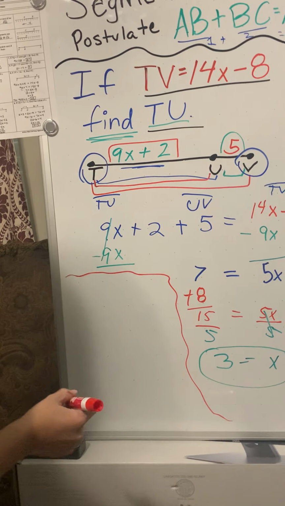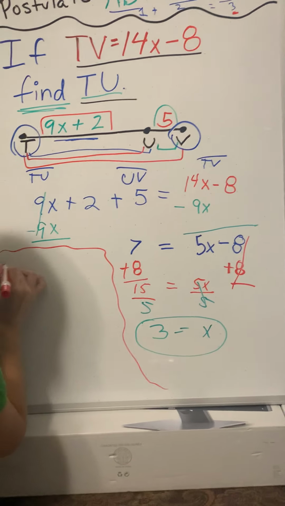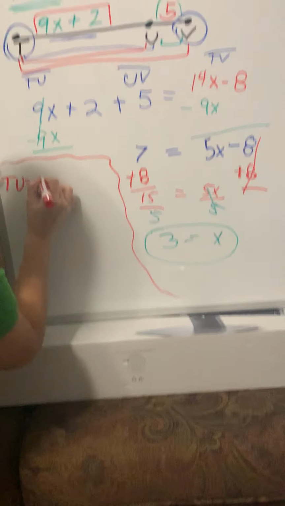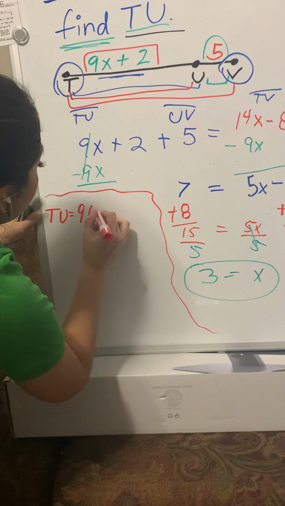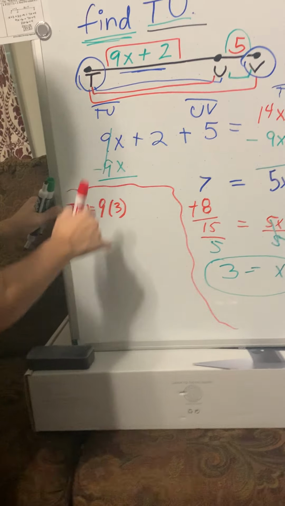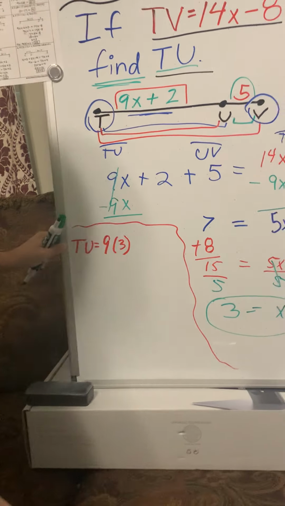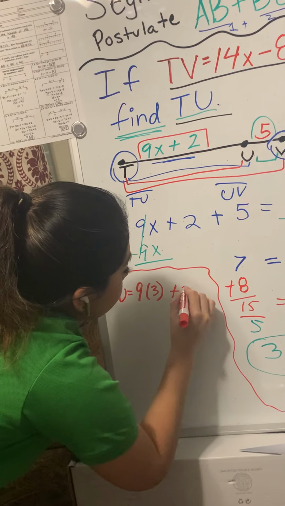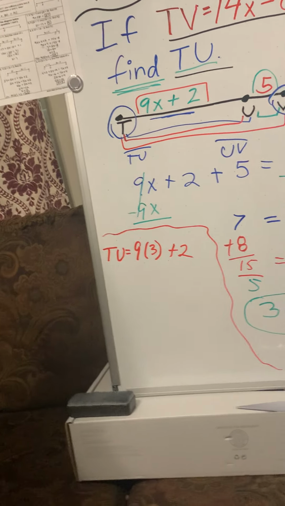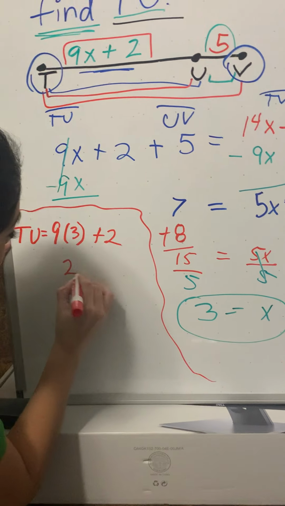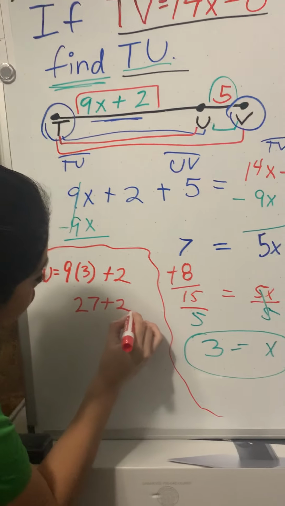So we know that TU equals 9 times 3, because we are substituting this 3 into our x, plus 2. So 9 times 3, of course, is 27, plus 2.